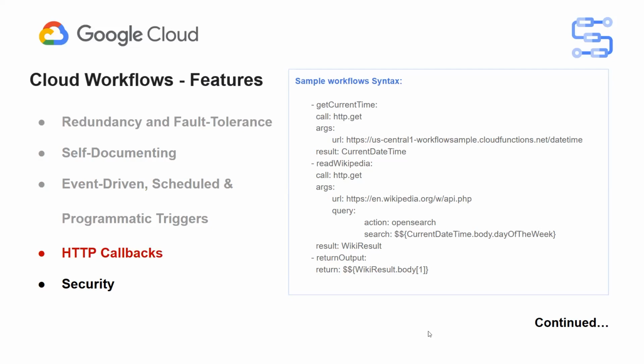A workflow can wait for external systems and implement human-in-the-loop processes using these unique callback URLs. So the flow is going to wait for a human intervention, and once it is triggered by another human or a manual process, only then are the next steps performed.